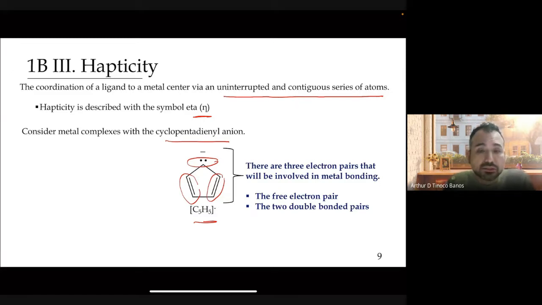So in this case, 2 double bonds, right? And those have the capability of interacting with a metal center. And you're going to see how that can then lead to a different number of atoms from this molecule interacting with the metal. So if you look at this ring, there are 5 carbons that are available here, right? So that's something for us to consider.